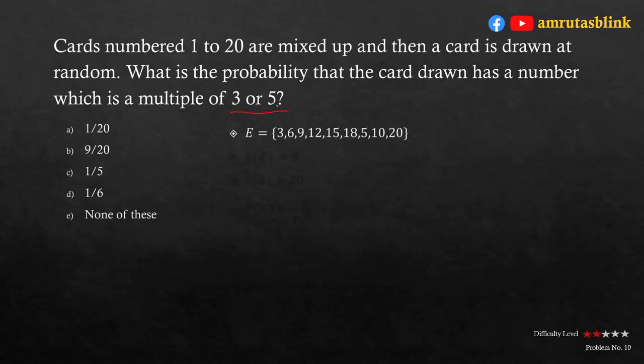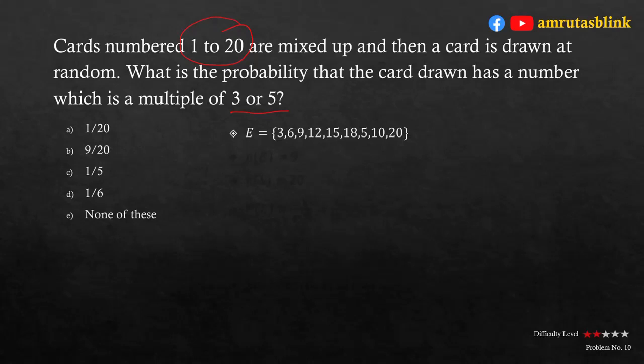Hence favorable cards will be, we can either have 3, 6, 9, 12, 15 or even 18. 21 we cannot have because how many maximum cards are there? 1 to 20. We can also have multiples of 5, that is 5, 10 and 20.